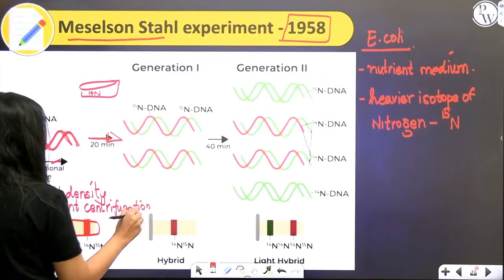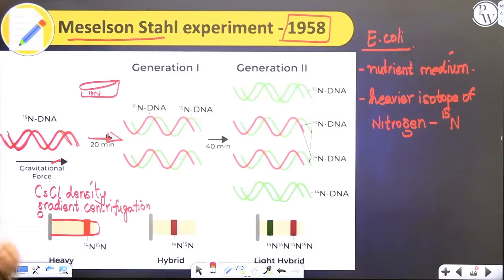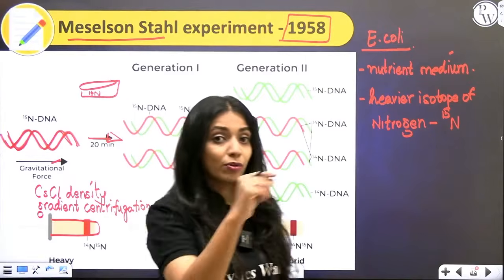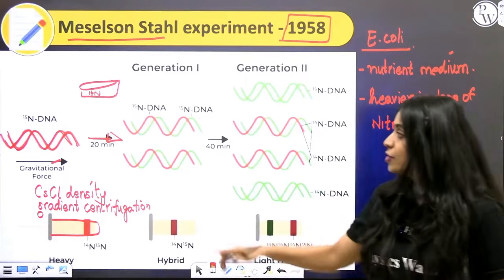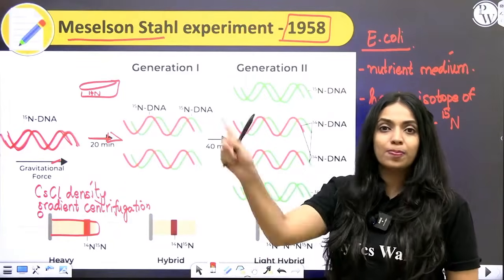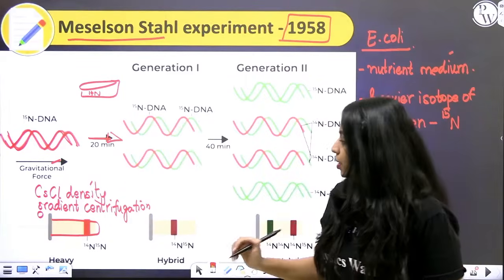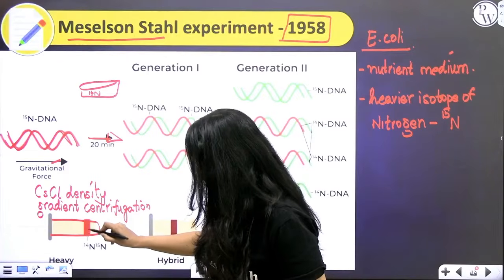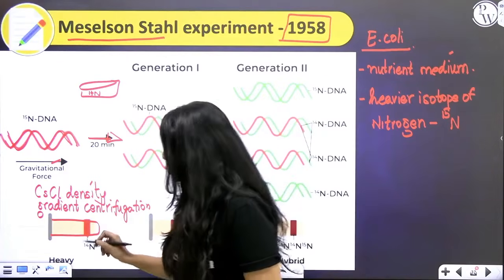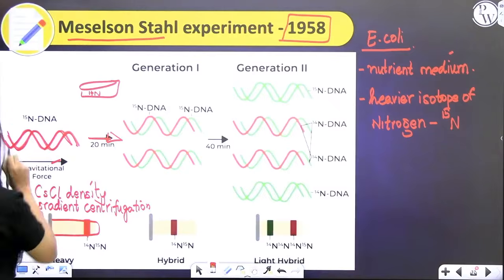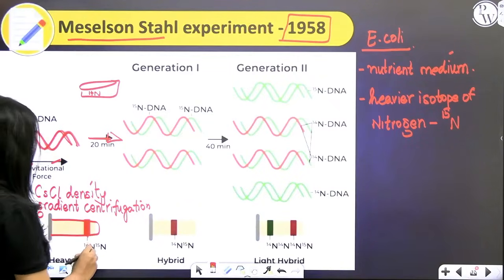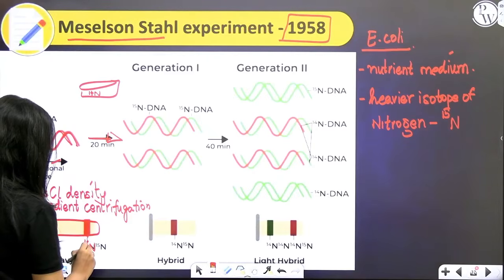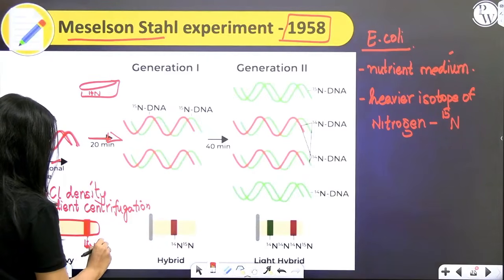So basically what happened here was, when you spin it at very high speeds, it will form bands at specific regions. So when these bacteria were spun in the centrifuge, they got a single band at this position. Here, all of the bacteria had both strands that had the heavier isotope of nitrogen. So you have N15, N15 here.